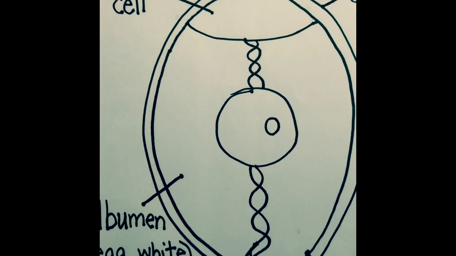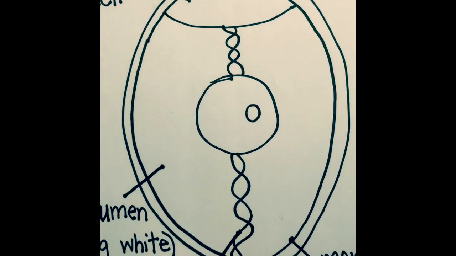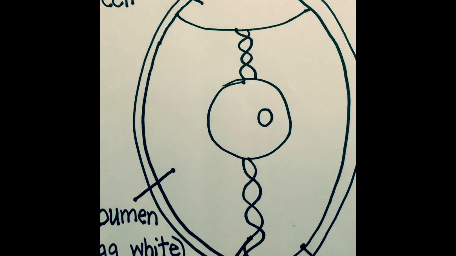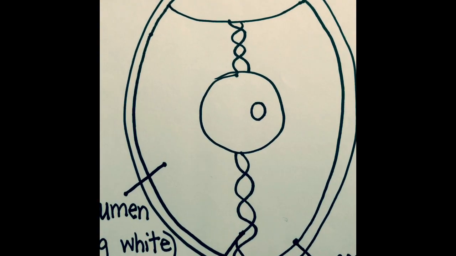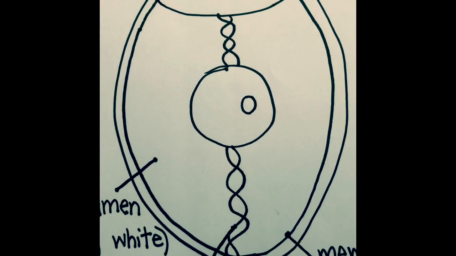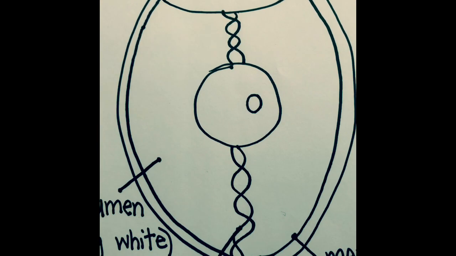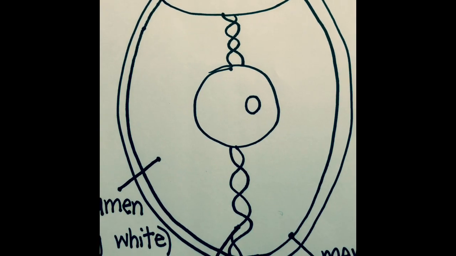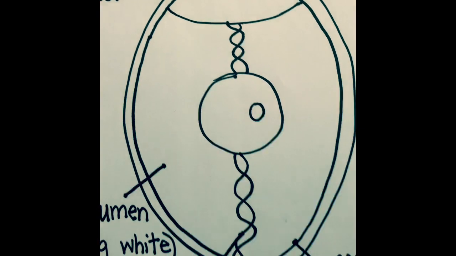Begins with a digraph, ch, C-H, good job, like chicken, ch, cha, that's an A, la, L, and another A, and now za, it's a Z and an A.